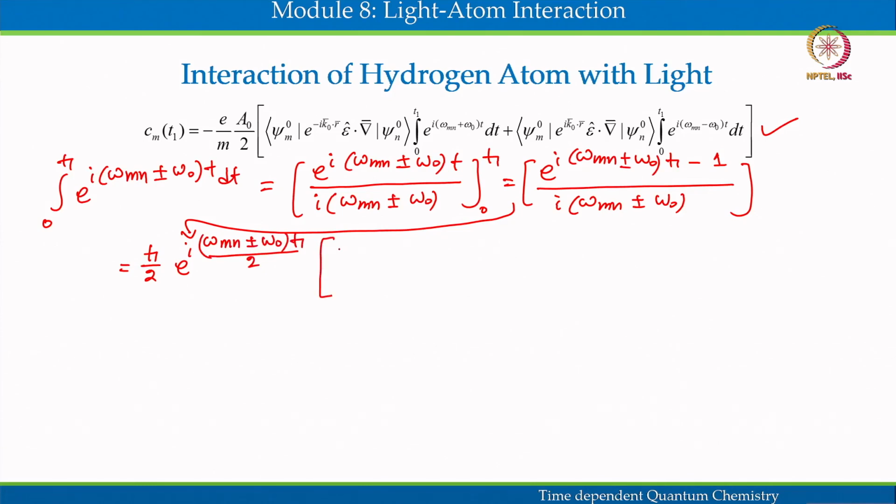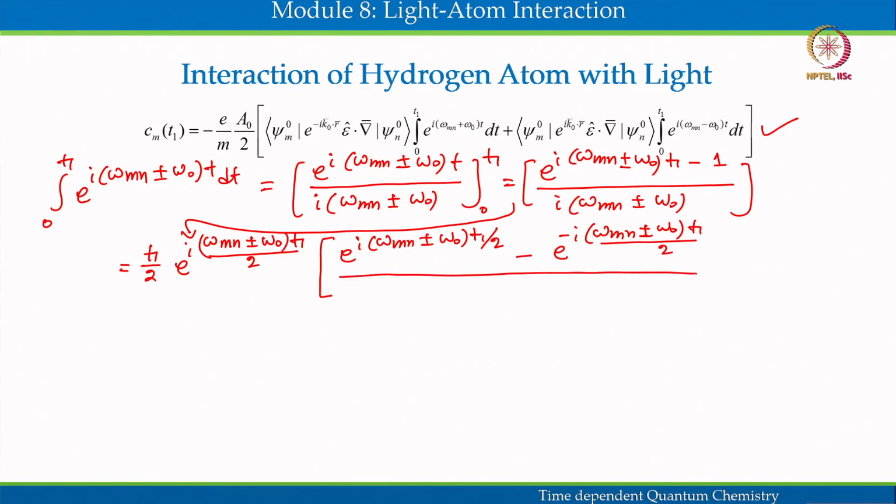Then I get e to the power i (omega mn plus minus omega naught) t1 by 2 minus e to the power minus i (omega mn plus minus omega naught) t1 by 2, divided by i (omega mn plus minus omega naught) t1 by 2. We will be able to write it this way.